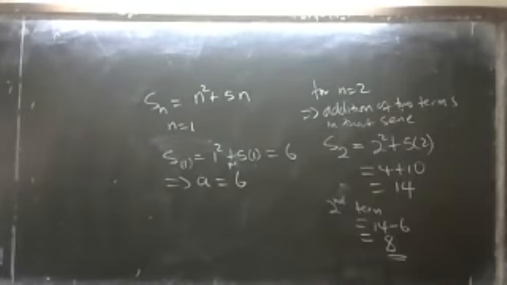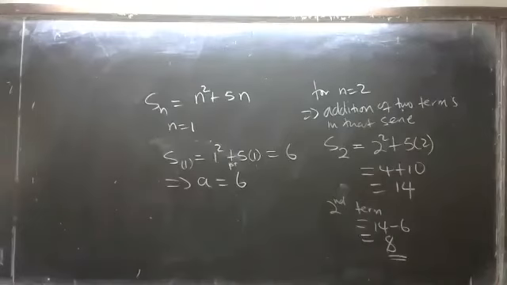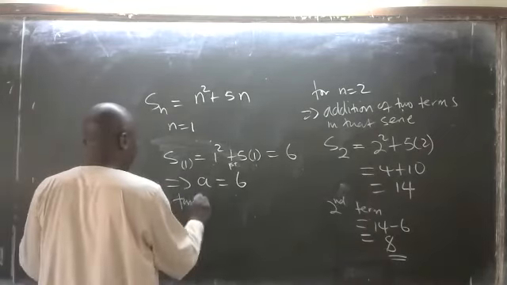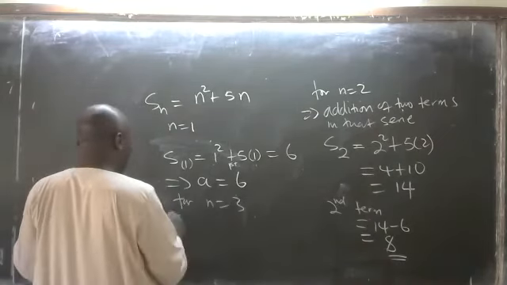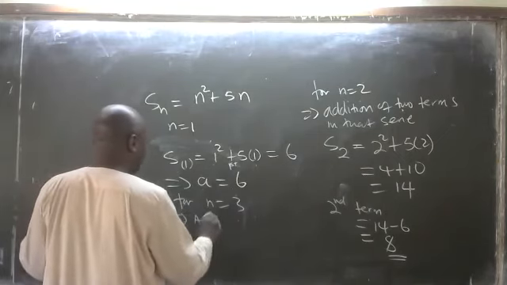Because what we are getting is a sum, not a term. That's the only trick in that question. If you can see that, the rest is very easy. So when n is equal to 3, we are adding 3 terms in that series. For n equal to 3, it implies addition of 3 terms.